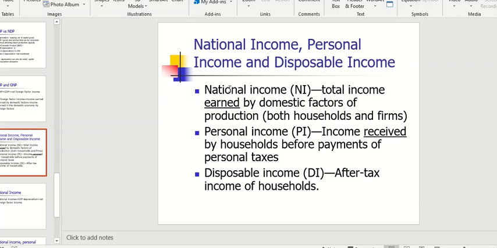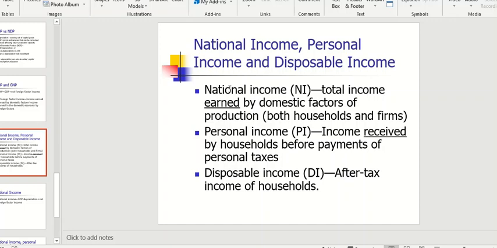Now we are going to turn to a few other economic indicators. We talked about GDP, a very important economic indicator. Now we can turn to other economic indicators. Income, obviously, is an important economic indicator. There are several measures of income.